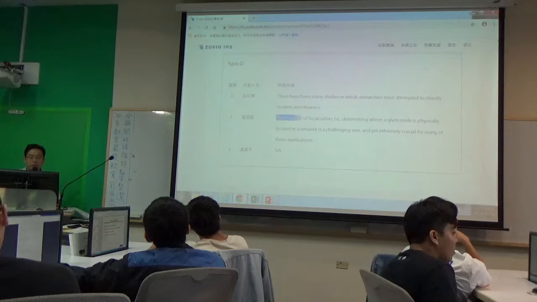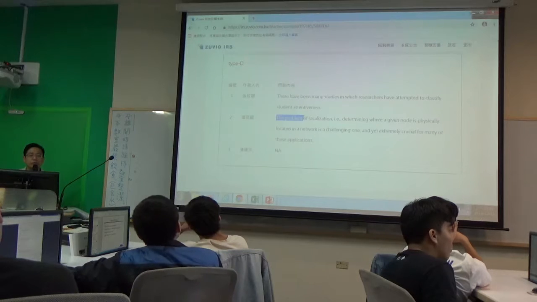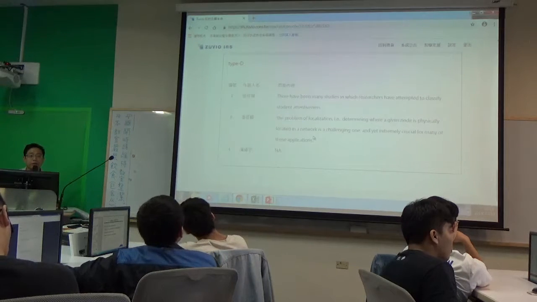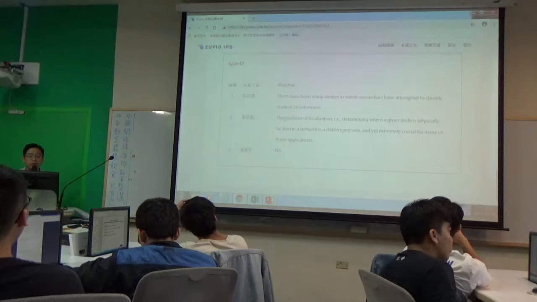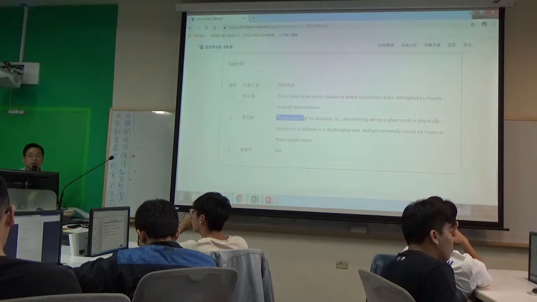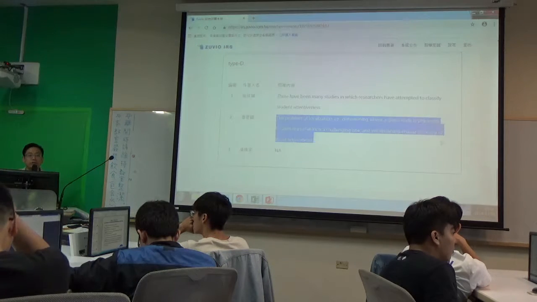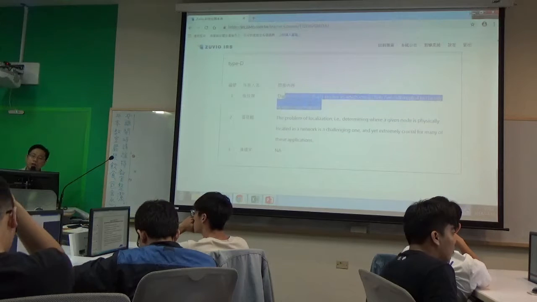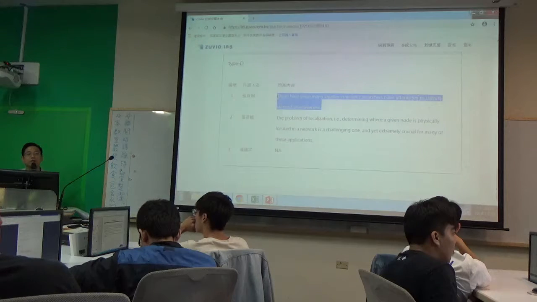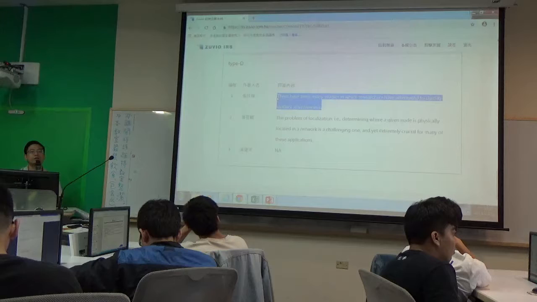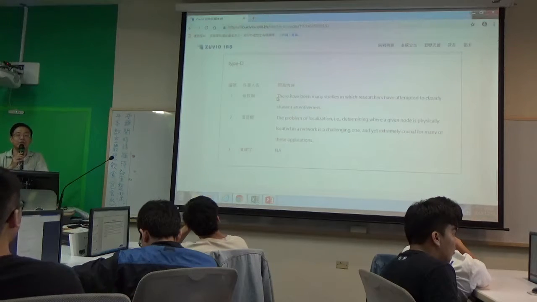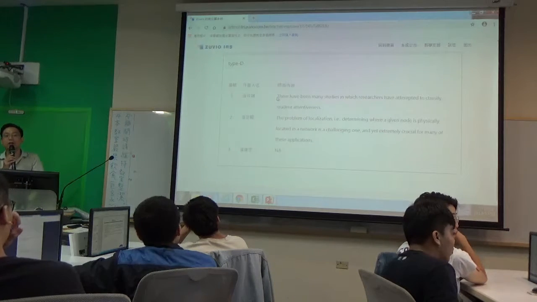For this sentence, it is easier to classify as type D because they have a keyword, like the problem of something. But in here, I don't feel like type D. Is there any explanation? Why do you think this is type D?